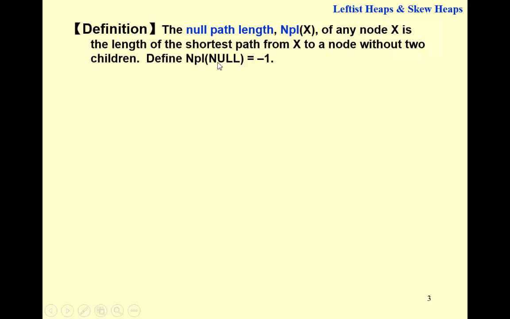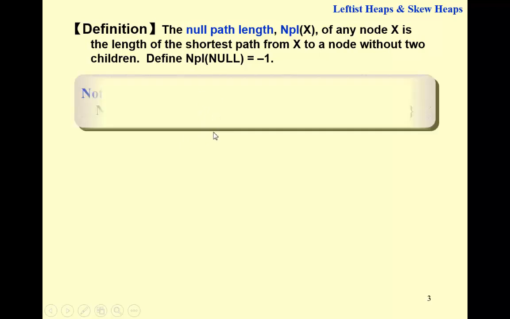If we know the NPL of the null pointers, certainly we can obtain the NPL of all the leaf nodes, and if we know the NPLs of all the leaf nodes, we can move up to calculate the NPLs of their parents, and so on and so forth.